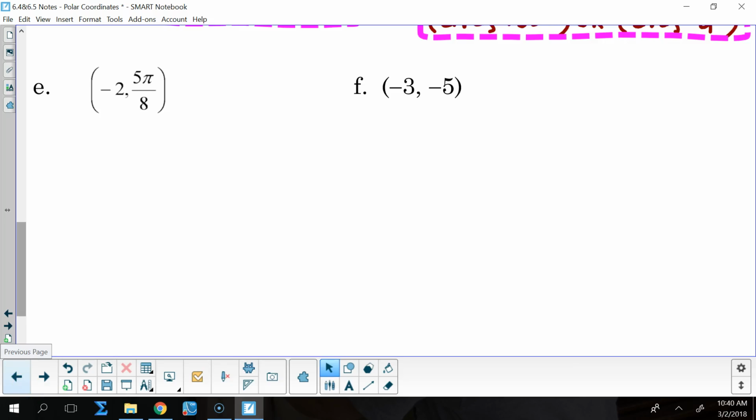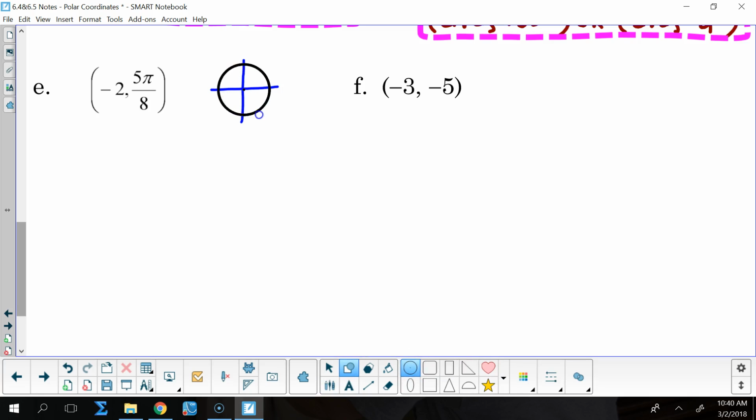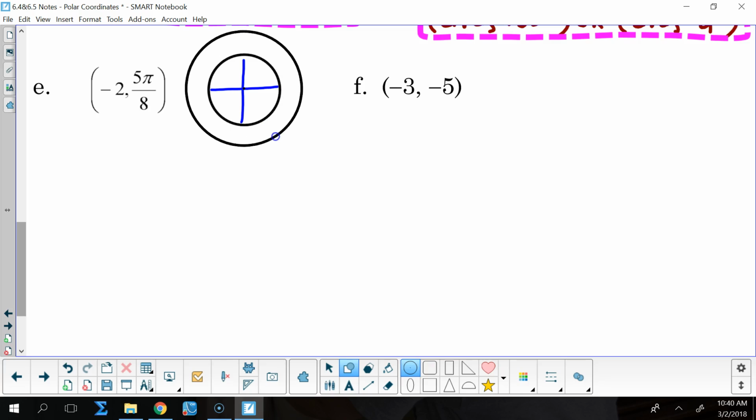So letter E here, we've got the radius, or the r value, of -2 and my theta of 5 pi over 8. If I think about this one in terms of graphing it on my polar graph, that's going to be negative.